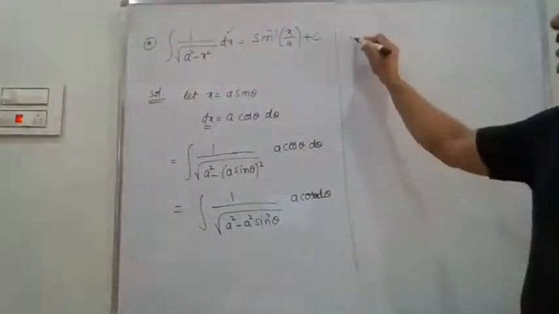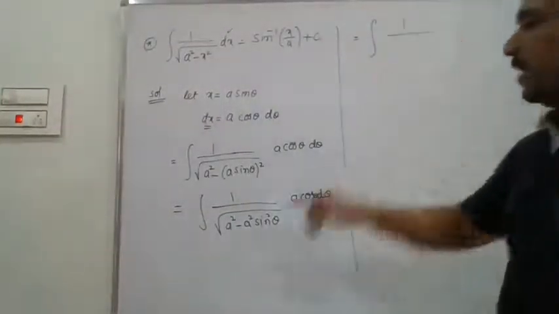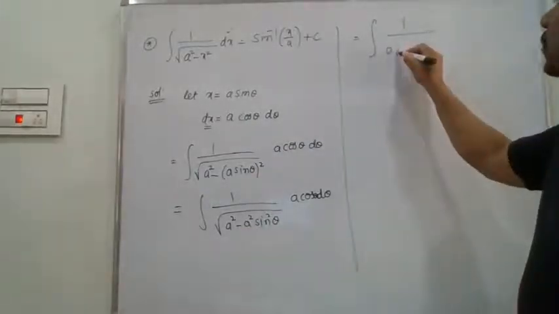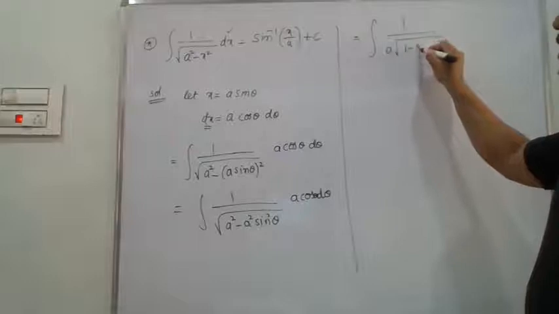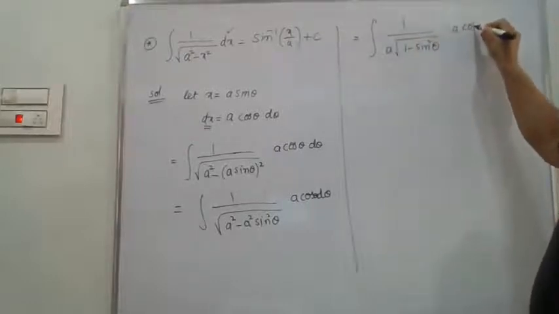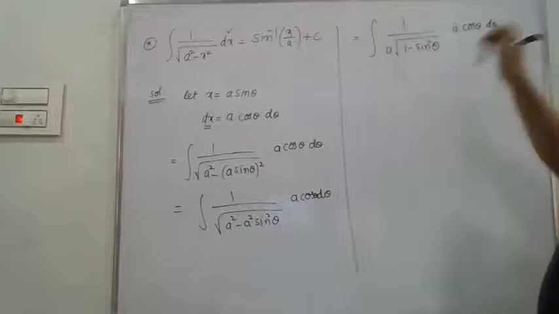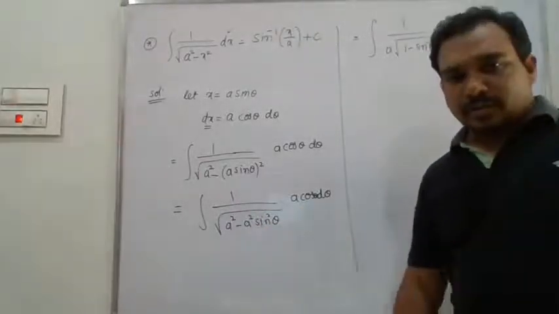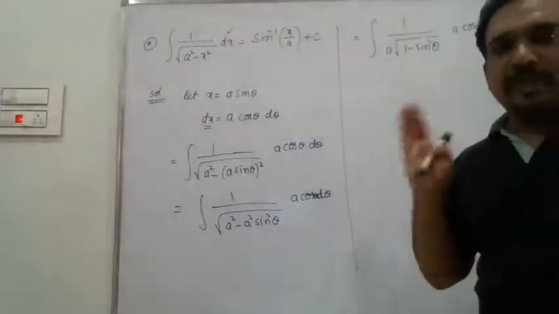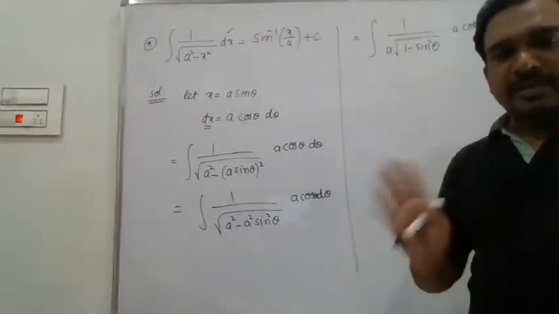Next, this is integration of 1 by, take a square and a square common outside, then you get a into square root of 1 minus sin square theta into a cos theta. Means here we are treating a as a positive number, so that's why square root of a square is mod a actually, but when I am treating a as positive, mod a can be taken as this a only.